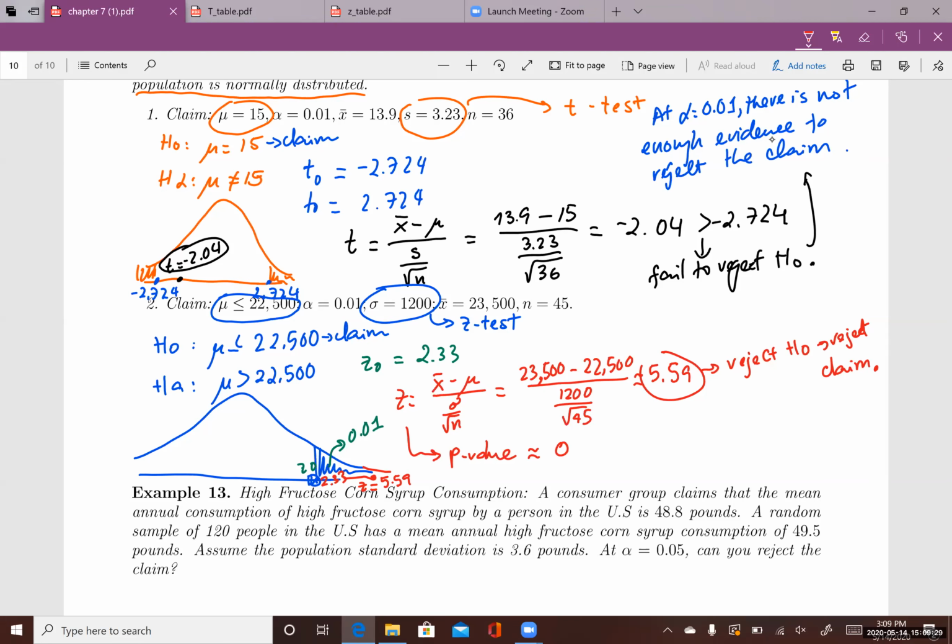And you can interpret your decision at the level of significance alpha equals 0.01. You have enough evidence to reject the claim that the mean is at most 22,500.